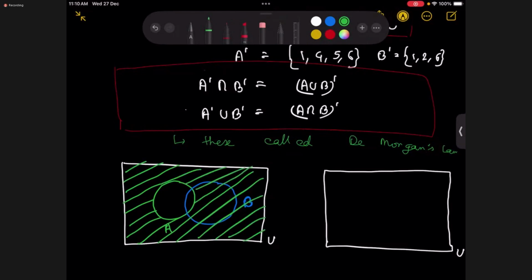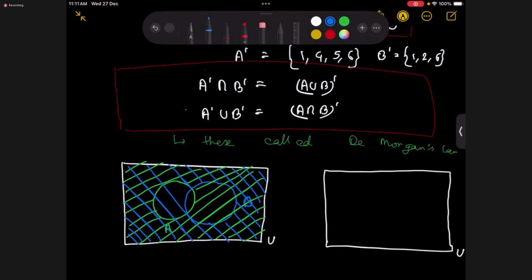Okay. And what about B complement? B complement is this portion outside of B. Whatever is outside B is considered as B complement. Okay. Then what is the common area of A complement and B complement?